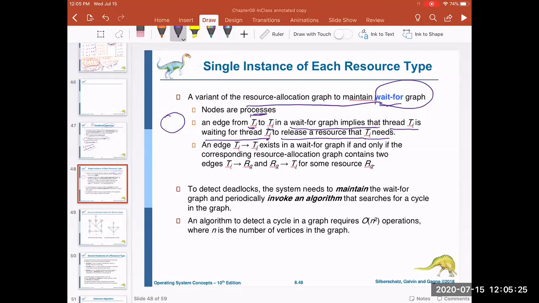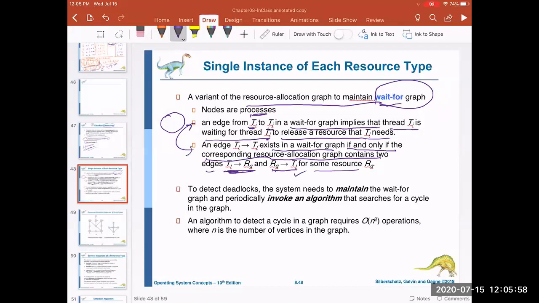And an edge Ti to Tj exists in the graph if and only if the corresponding resource allocation graph contains two edges. There were two edges: one was the request edge, another was the assignment edge. So Ti was requesting Rq, whereas Rq was already assigned to Tj. So these two are basically synonymous.